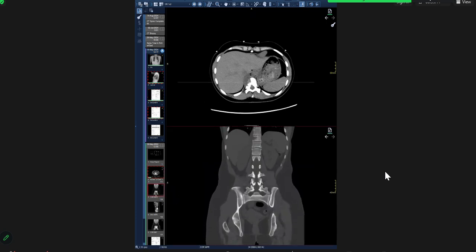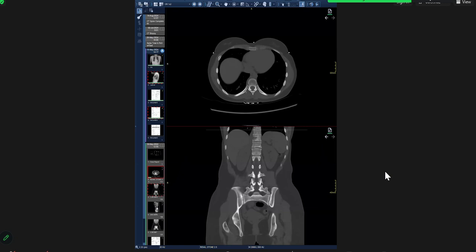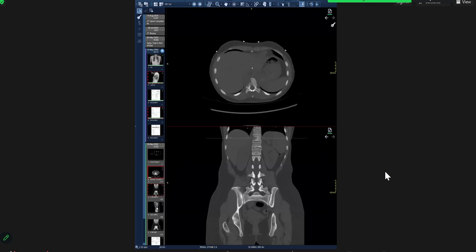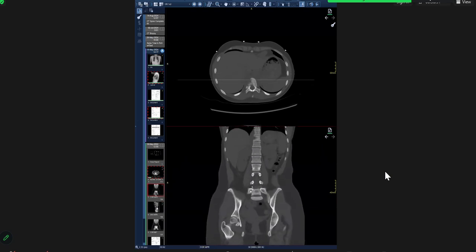I cannot see any calcification. This is causing erosion of the adjacent vertebral body. There is no communication with the neural foramen, so this is likely an infective process.